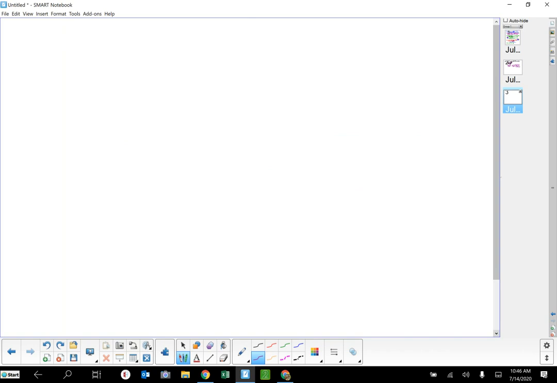Okay, the next one. One of the most common real-life applications of exponents is using the formula A equals P times 1 plus r over n, all raised to the nt power.